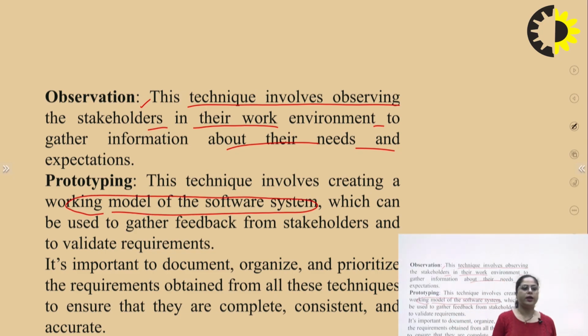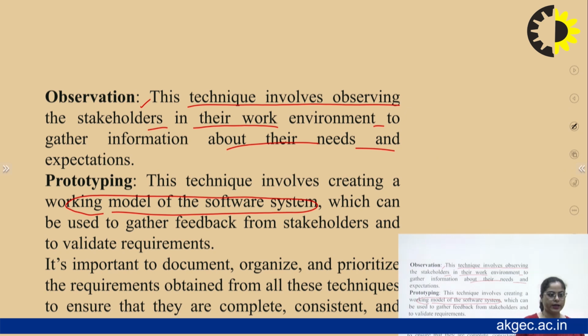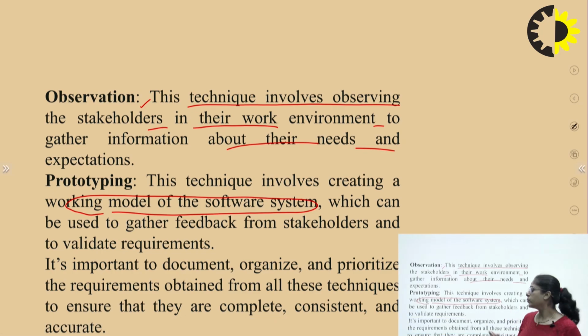Here, a dummy model is created which can be used to gather feedback from the stakeholders and to validate the requirements. In prototyping, we make a dummy model of the software, show it to the customer, take feedback from the customer, and then make the original one.